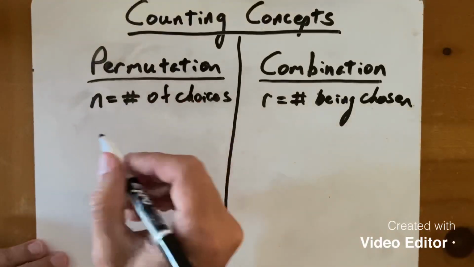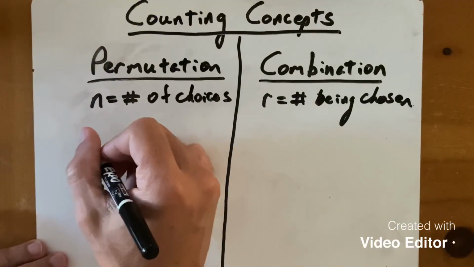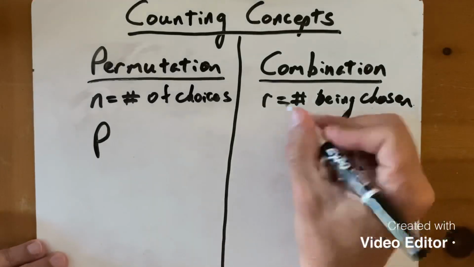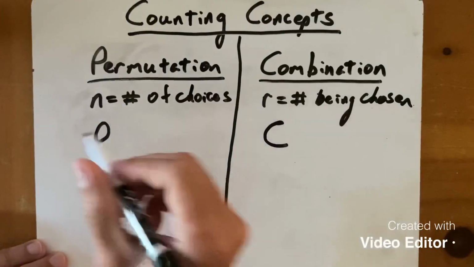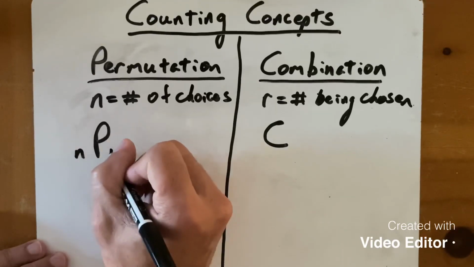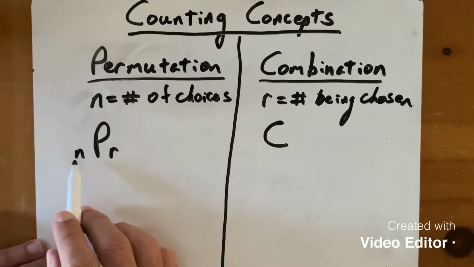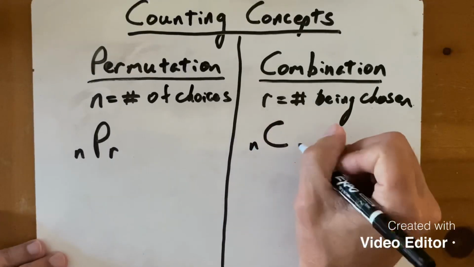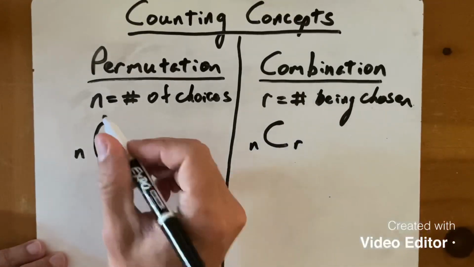There are two formulas for these, and we're going to represent them using capital P and capital C. On either side, we're going to write a lowercase n on the left and a lowercase r on the right, for both permutation and combination.